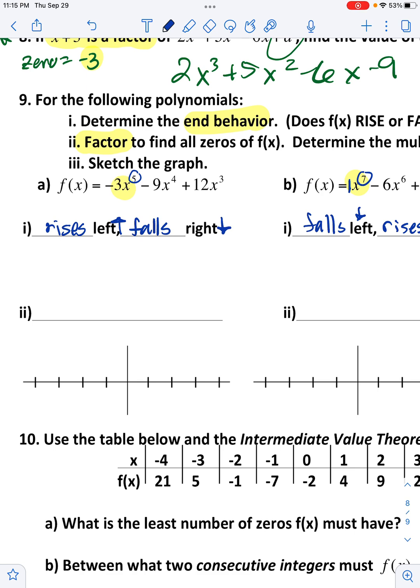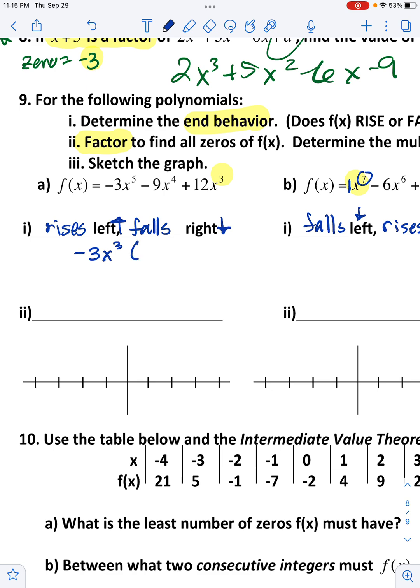Okay, well, if they're telling me to factor, that means it's factorable. When I'm looking at my original function, I need to see if there's a greatest common factor first. So I'm going to pull out the negative, the 3, and an x to the 3rd, because that's the most I can take out, because this one at the end would be limited and not be able to give any more of those.